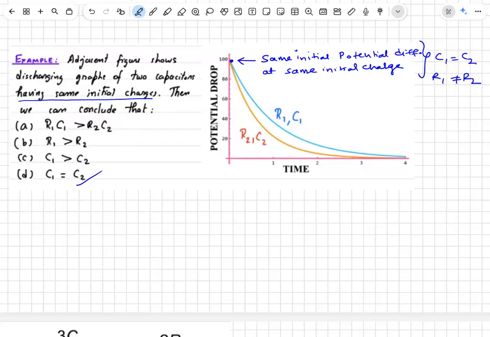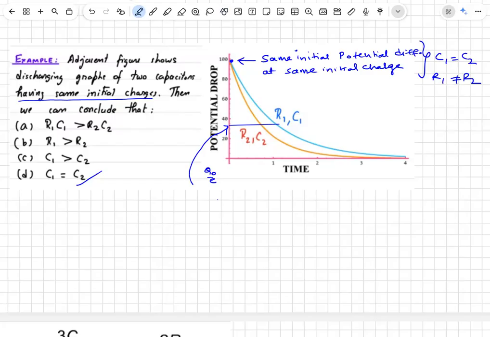I told in my last class, after one time constant, what is going to be the charge on the capacitor? For example, you set the same potential, same initial charge, so 0.37 times the initial charge, Q naught by E. When will it happen?